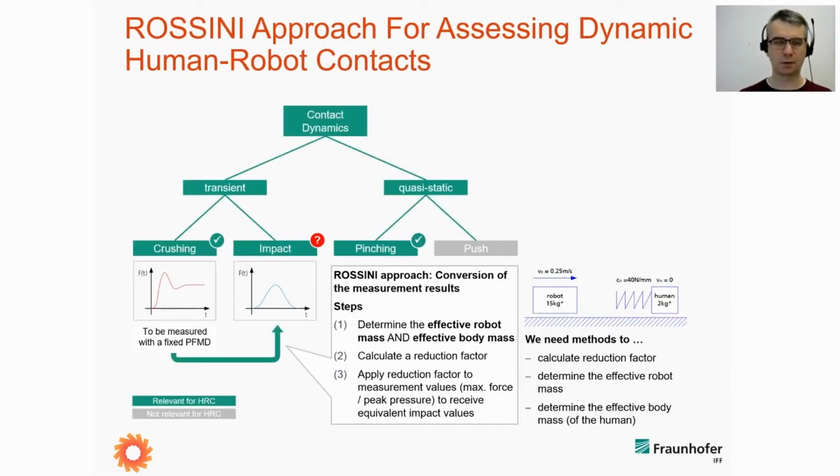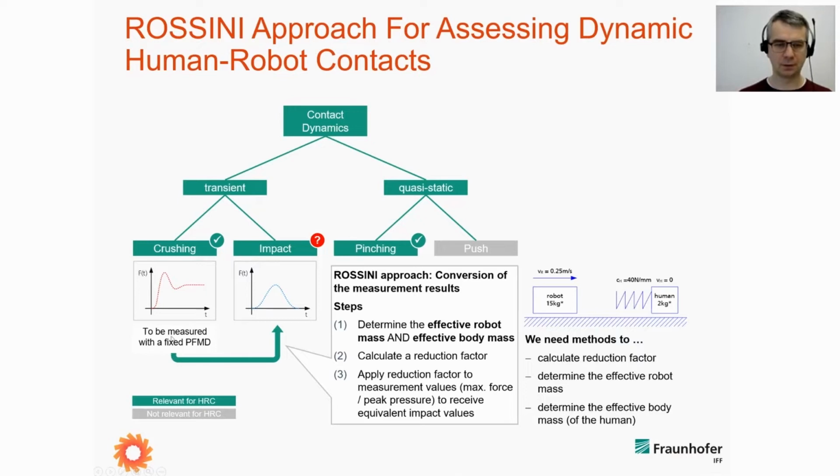What we developed in the Rossini project was a conversion technique. Again, we have these two contact types, transient and quasi-static. We have already seen this, and we can distinguish the transient part into crushing and impact. We can measure the crushing contact, and what we want is a result for the impact, which we cannot measure.